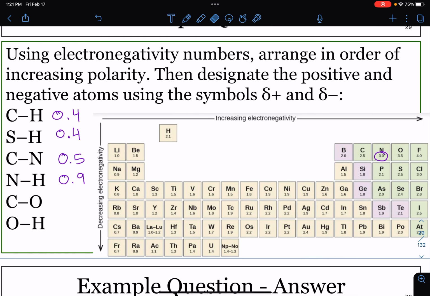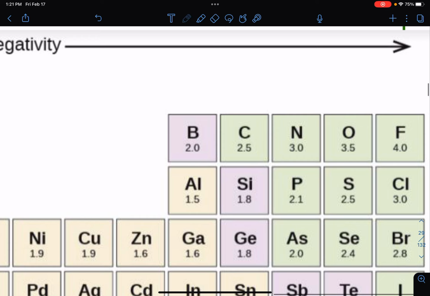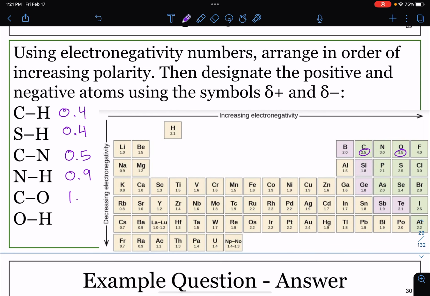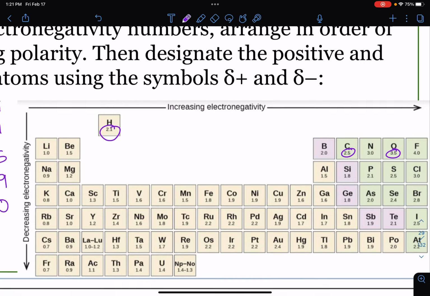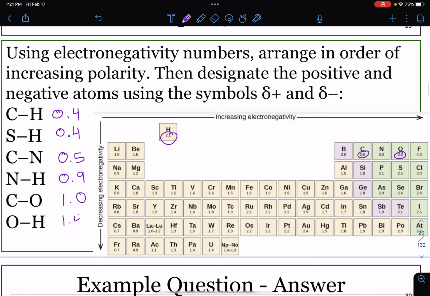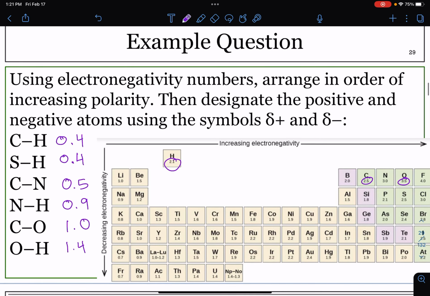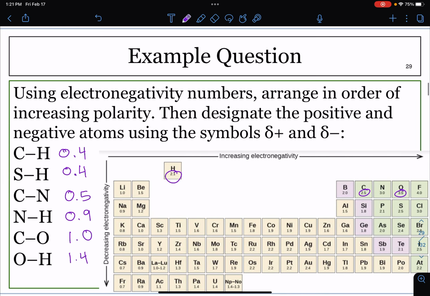Carbon and oxygen have a difference of 1.0. Oxygen and hydrogen have a difference of 1.4. So we can see that these bonds are written in, as we move down this list, in increasing order of electronegativity differences. So they become more and more polar as we move down this list.